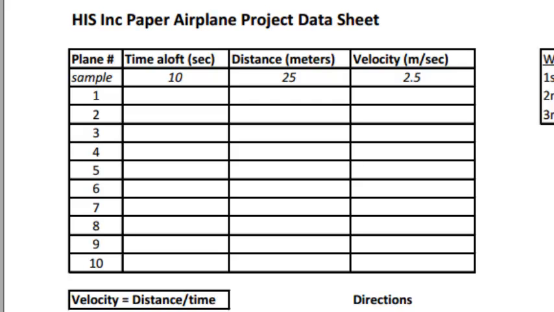But once you have the time, once the plane hits the ground, you're going to stop the time, and then you're going to go over to your chart here, or your table, excuse me, and you're going to write the time in. So let's say that this one went for 8 seconds. So we'll write that in.